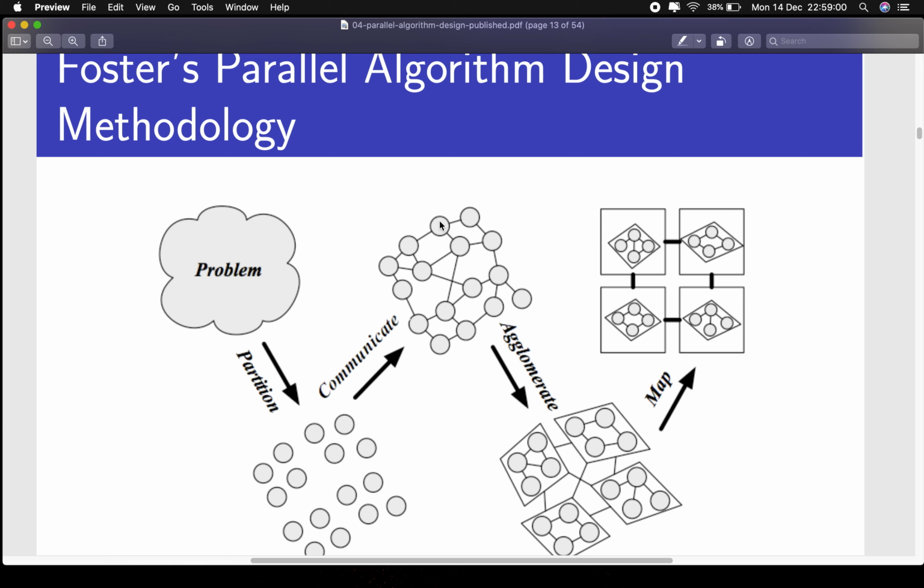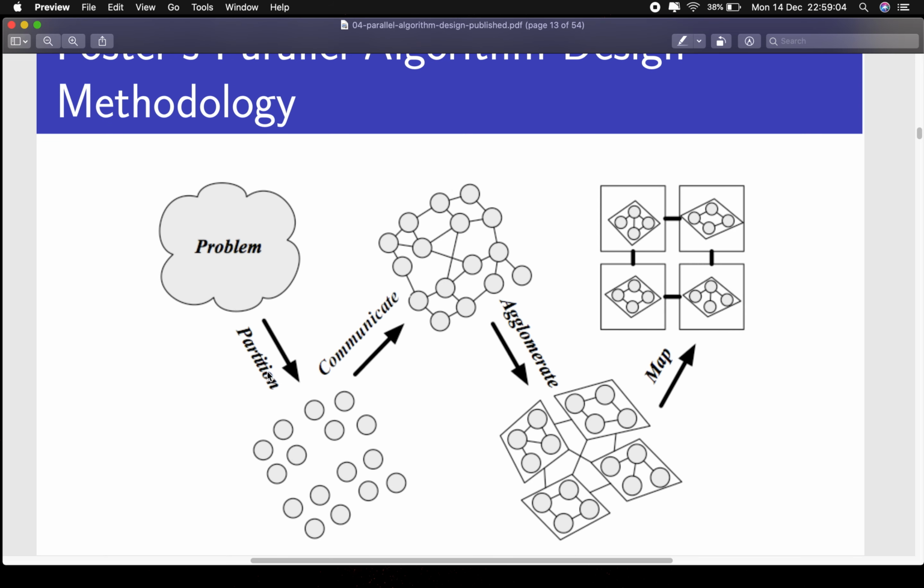You will group them back. So you can see you already did the grouping using the partition method, then you linked them, and then you group them back. After that, you will do the last method, mapping. After you already grouped and done the communication, linking them to each other, you will do the mapping.